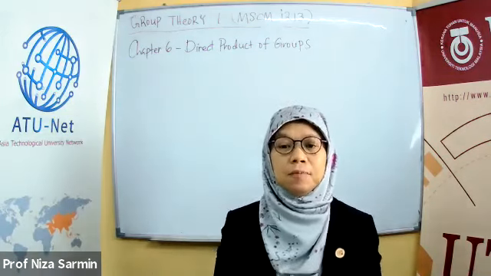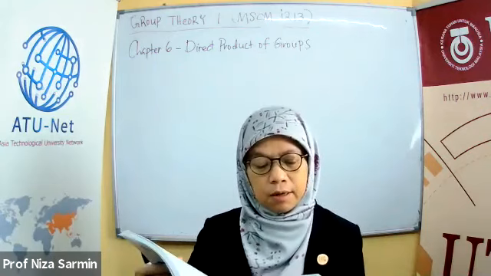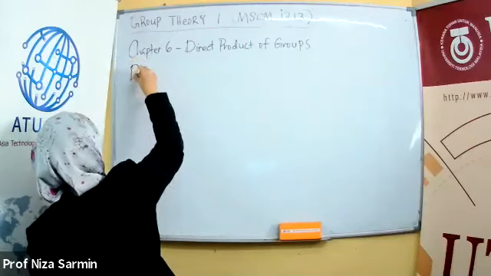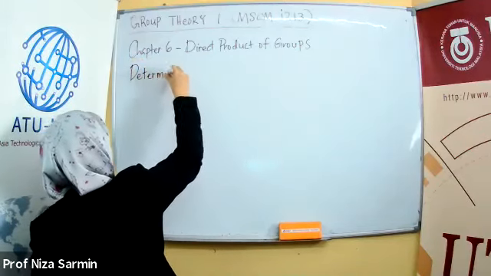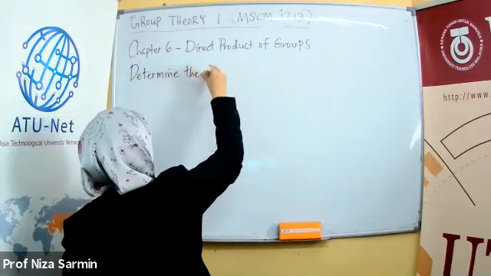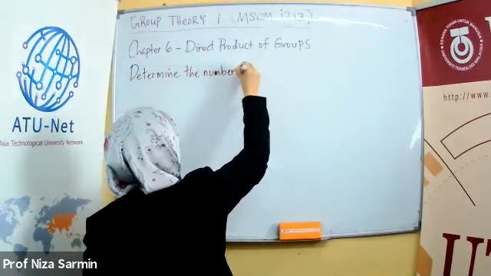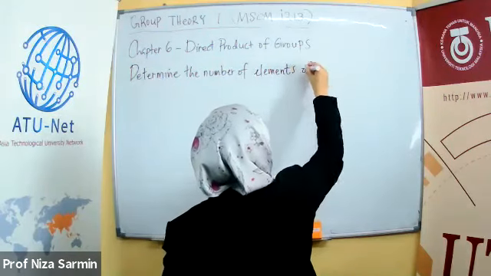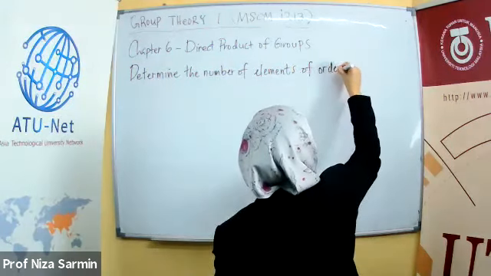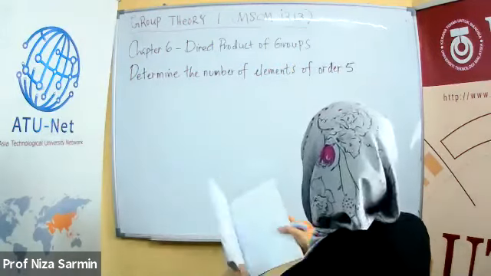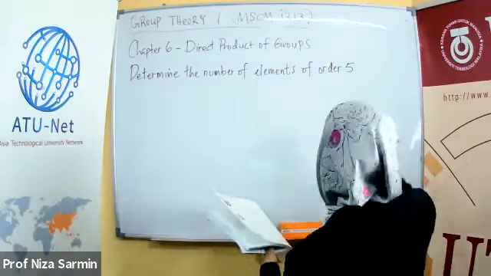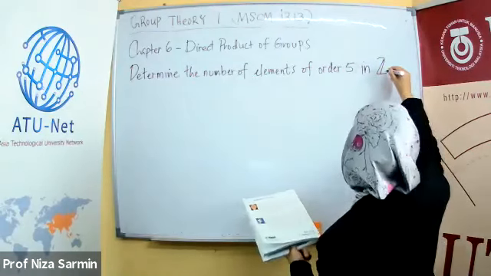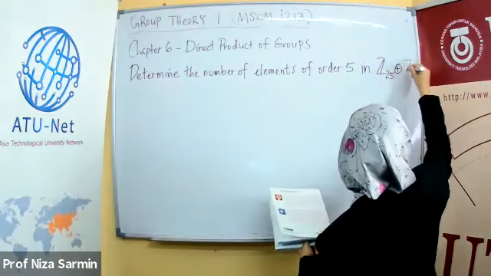Determine the number of elements of order 5 in Z25 plus Z5.